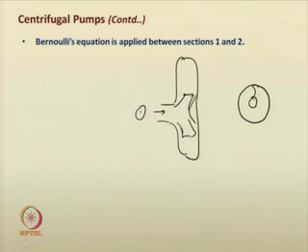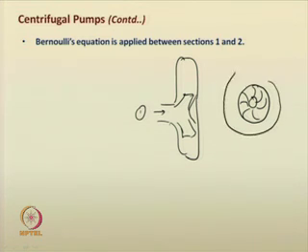You have already seen the picture of the impeller. This impeller is mounted in a casing, and the entire casing is then further extended. It will be connected to the diffuser portion, and from there to the outlet.